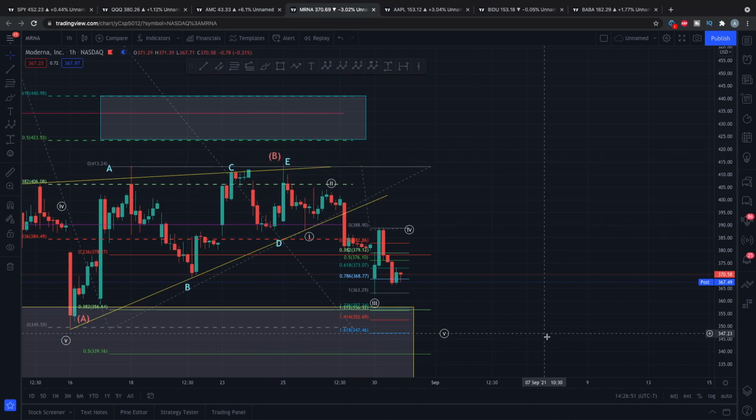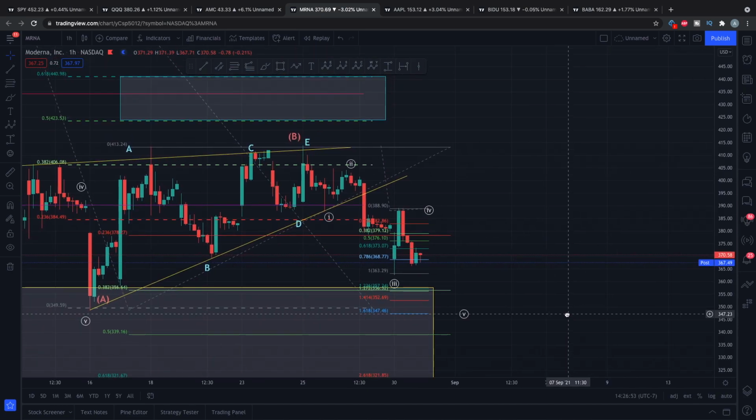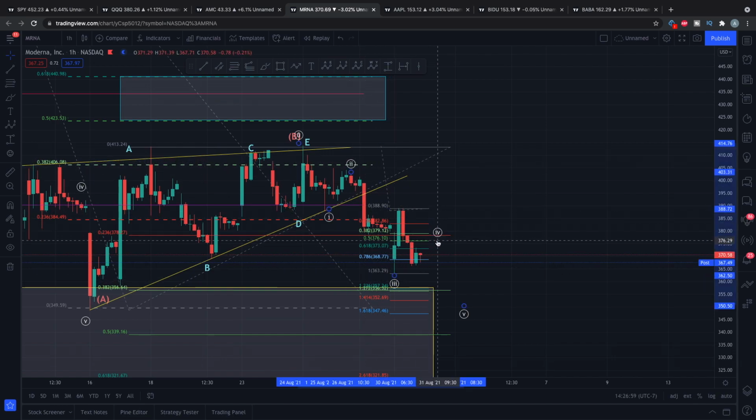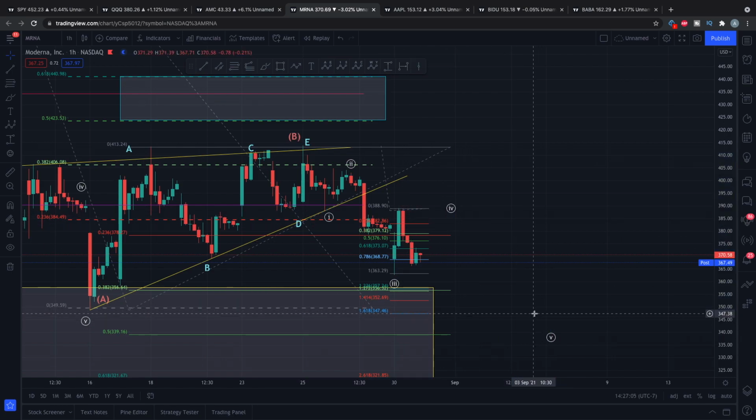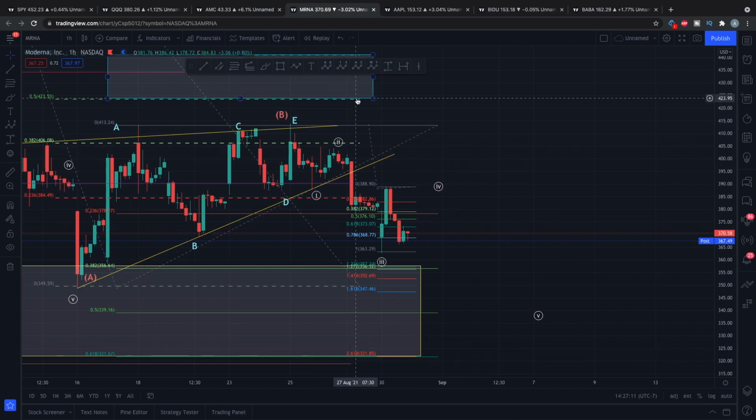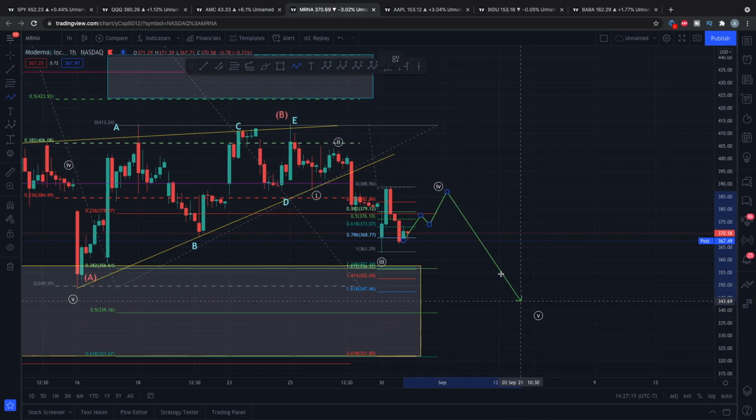And if we look at that C wave formation, it does look like we are forming an impulsive structure. So we have a 1 down, 2 up, 3 down, 4. Looks like we're either at the 4th wave right here, or we're still working on that 4th wave. And then we should push downward for that wave 5. And just like in SPY, QQQ, and AMC, I expect this wave 5 to further extend as well. So say we come up again for that wave 4, and then we push downward for that wave 5.